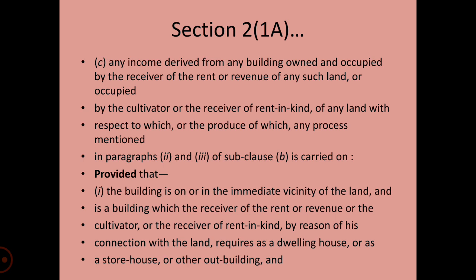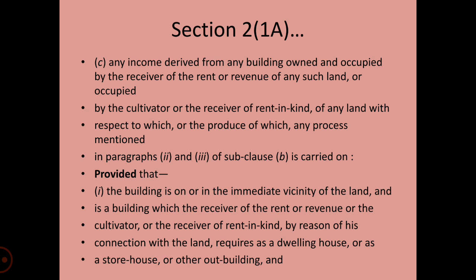Clause 3. Any income which has been derived from any building owned and occupied by the receiver of the rent or revenue of the land. Occupy means he is in possession of the property, he resides there, occupied by the receiver of the rent or revenue from such land occupied by him.